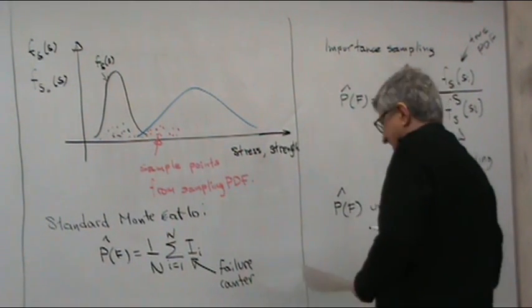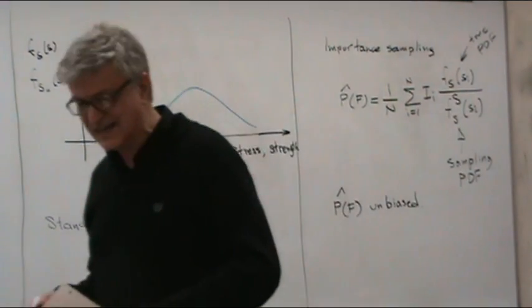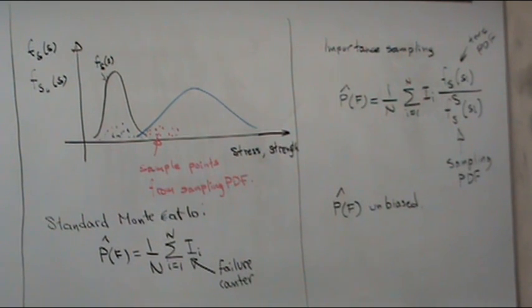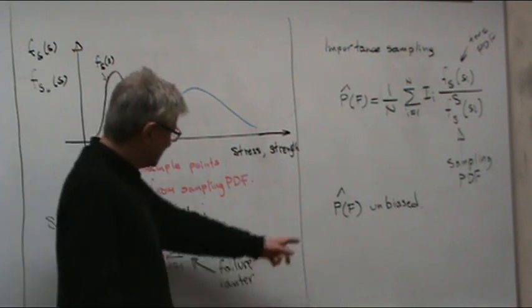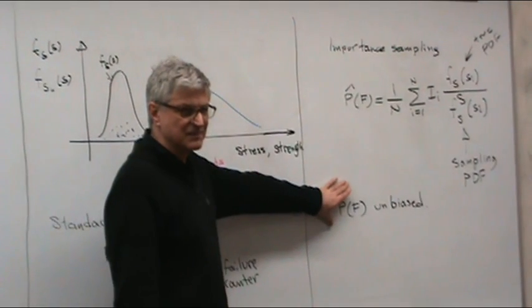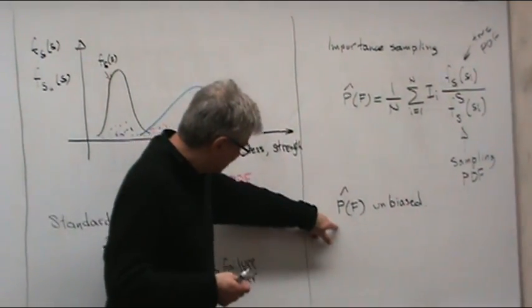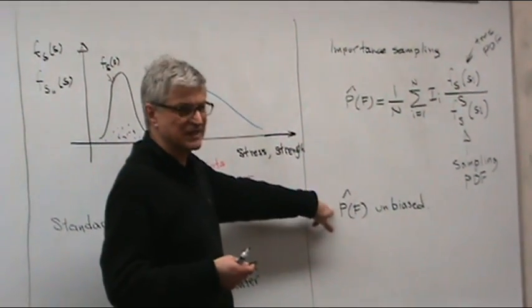Okay? Any estimator should be unbiased. What does it mean, unbiased? Well, empirically unbiased, something that is not biased towards high or low values. It's just accurate, okay? But if you want to be more precise, it means that if you calculate repeatedly this estimator, doing a lot of repeated simulations, on average, these values will be exactly equal to the probability of failure.